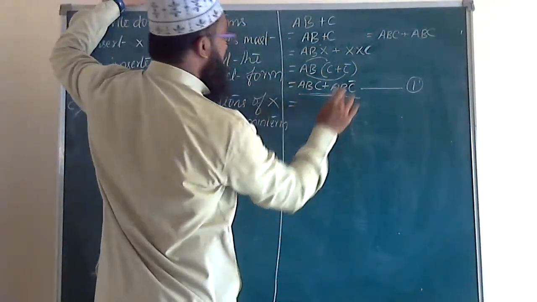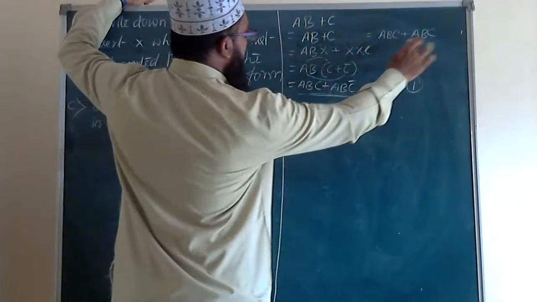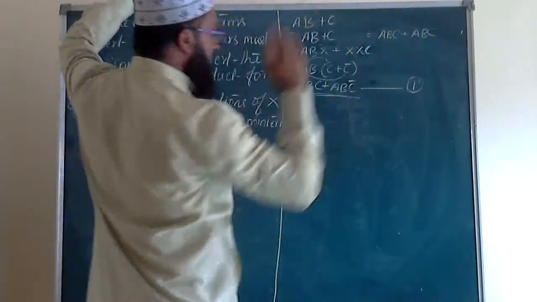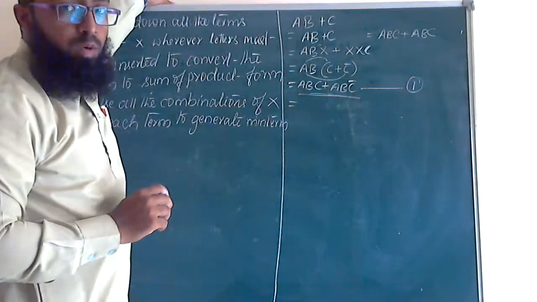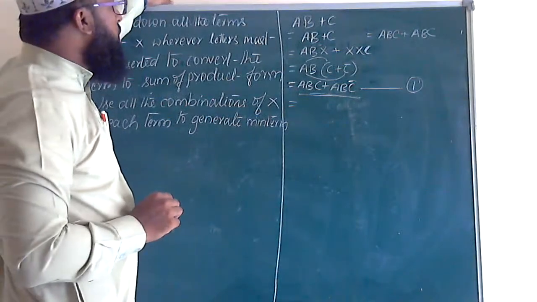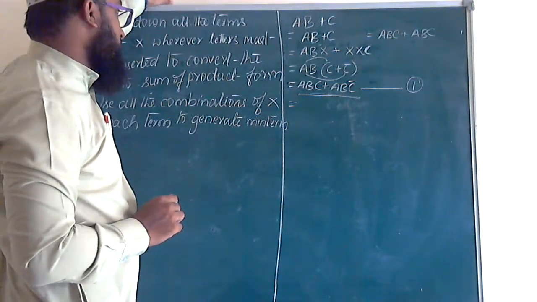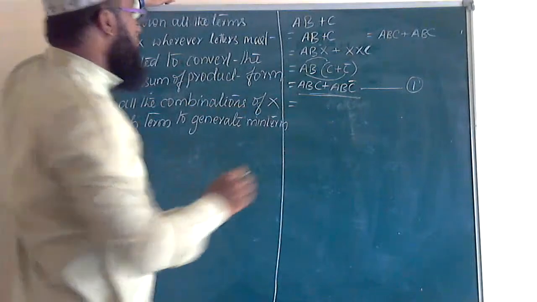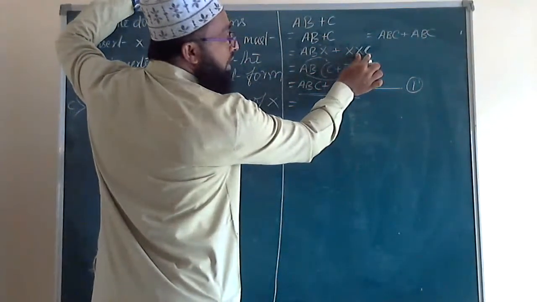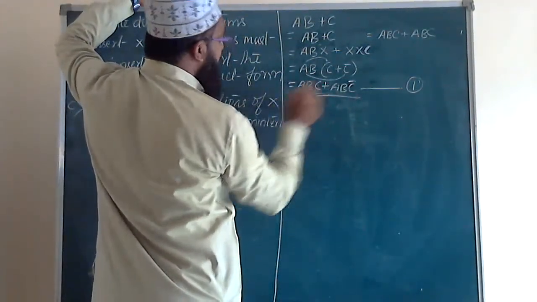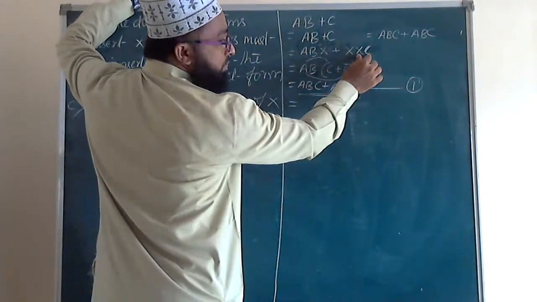Next, come to the second part, XXC. Actually, AB into C should be there. First I will take the last two terms.